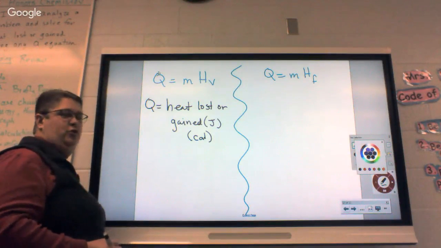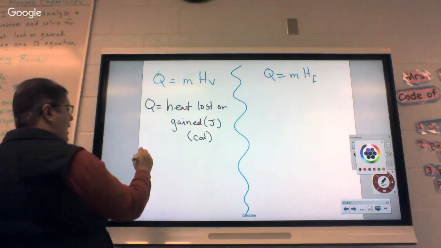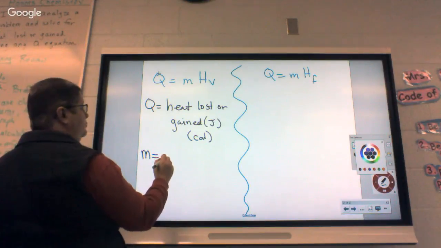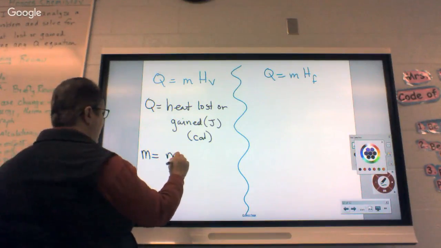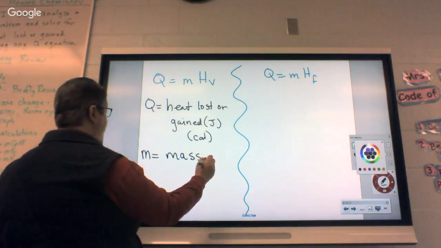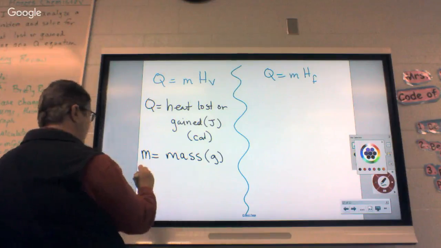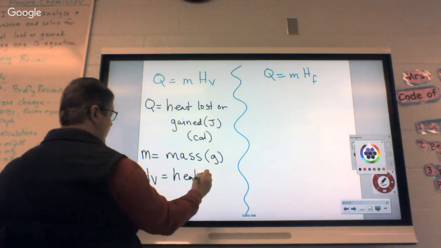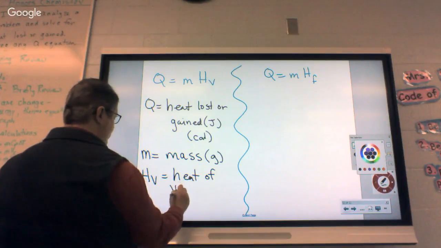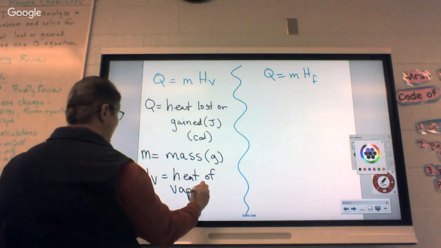But for the most part, it's in joules because that's the SI unit. M stands for mass, which is in what unit? And HV stands for heat of vaporization. Now, this is a constant.